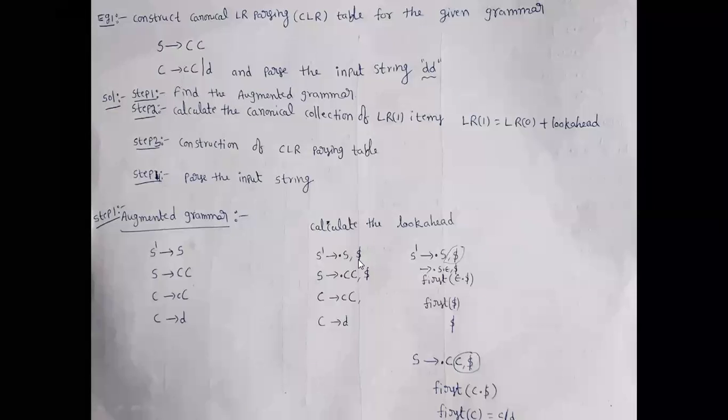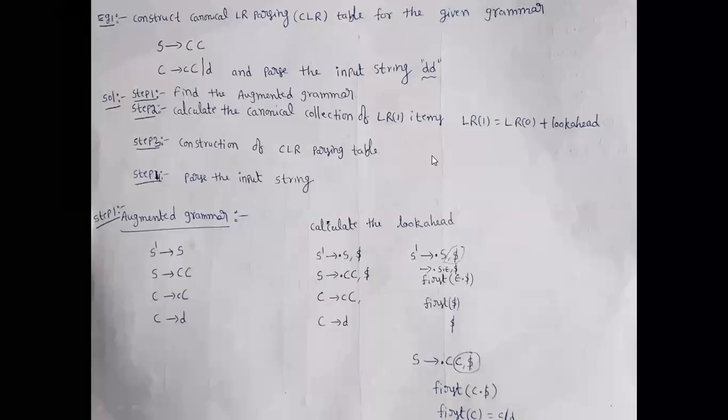So in any starting production, in the augmented grammar, what did we do? We added one more production, that is S dash is production with capital S. The look ahead of that particular production is dollar.